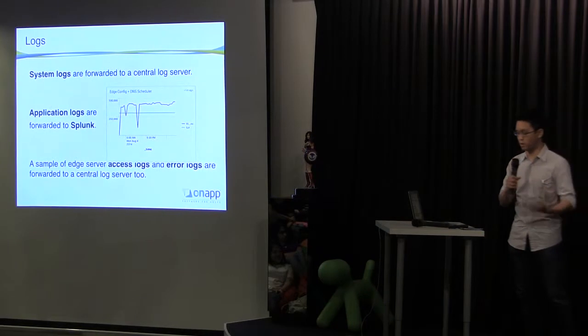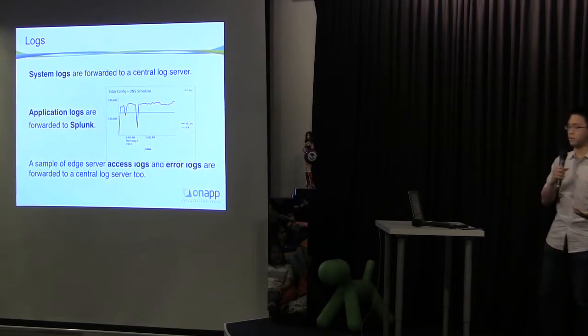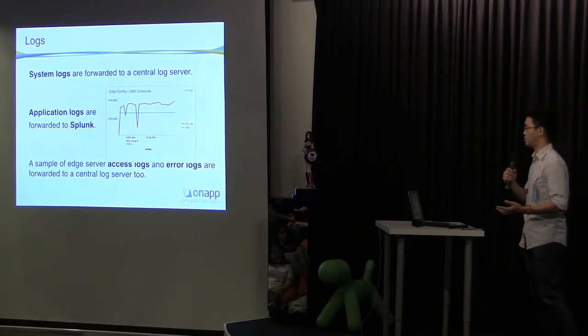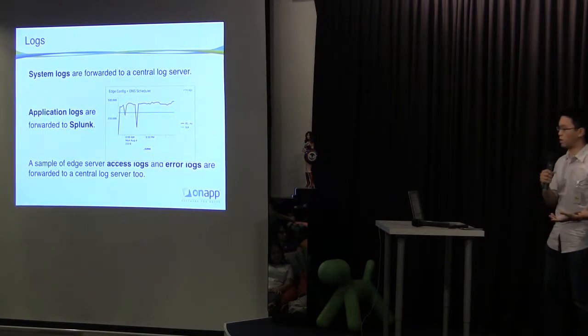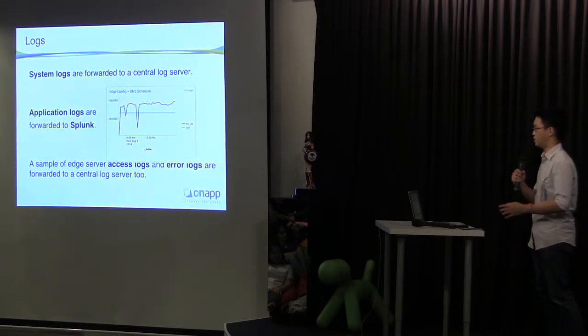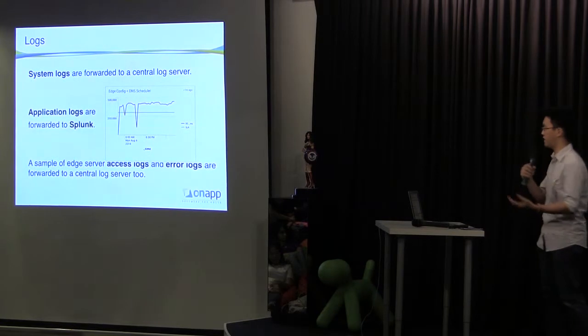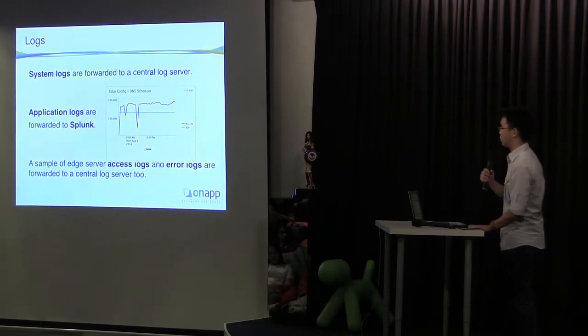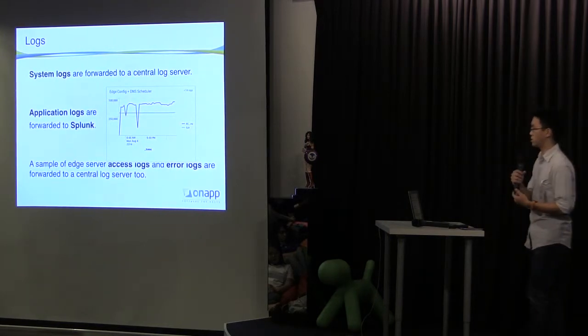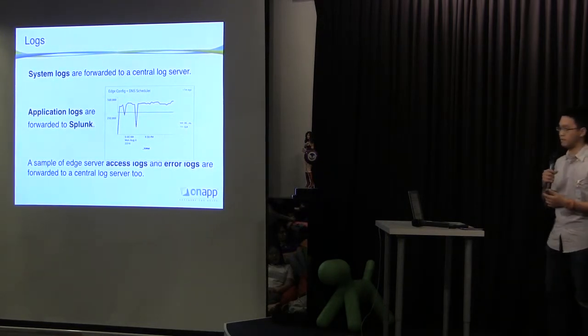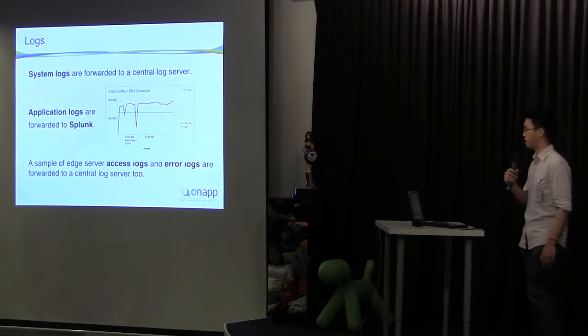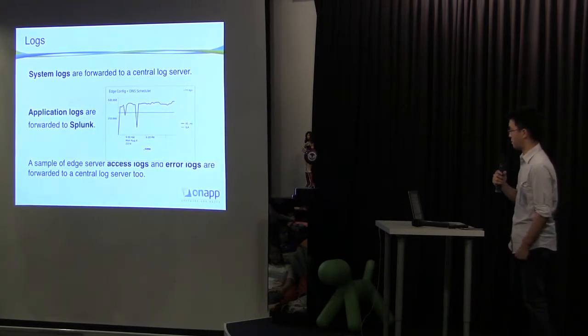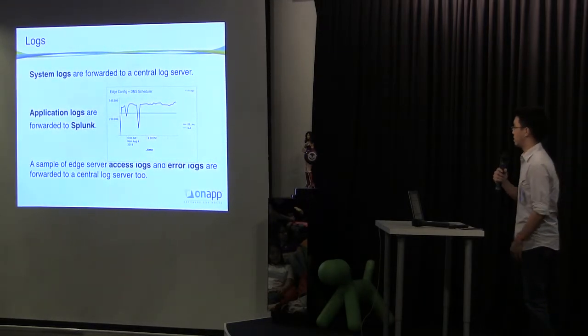So if you have a storage problem or an out-of-memory problem, sometimes the only way you can diagnose it before it comes back up is to look at your logs, which the server may hopefully have sent to the central logging server. We also send our application logs only, not the system logs, to Splunk. It's just an experiment to see how it fits us.